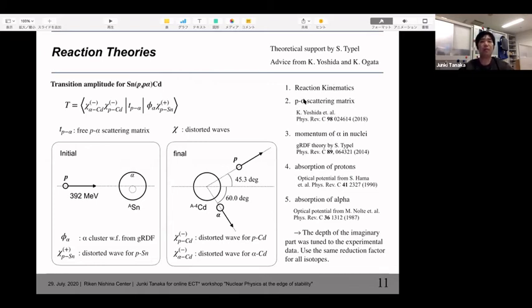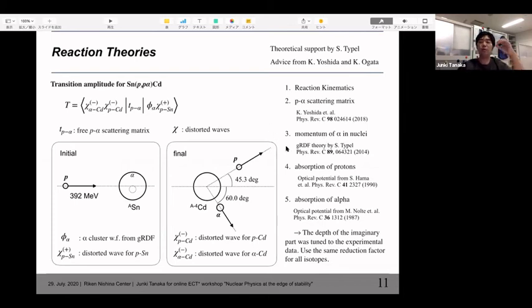The second point is we use the free-space p-alpha scattering matrix as an interaction. And the third point is we use the momentum distribution of the initial alpha particle in tin nuclei. And for this, we use the theoretical prediction based on the generalized density functionals.